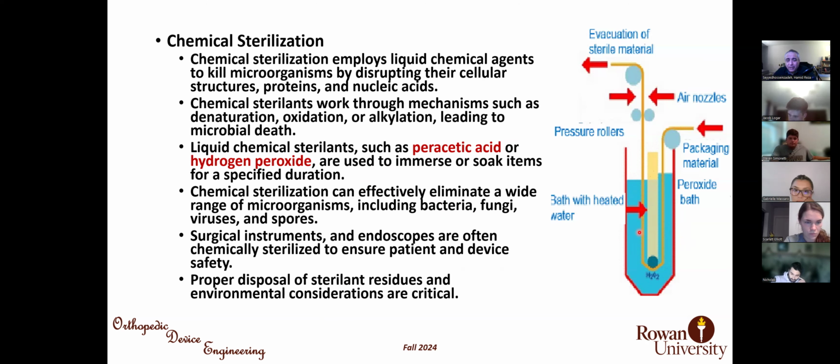They pour the chemical, usually hydrogen peroxide, inside it, and they put the item in the hydrogen peroxide and immerse it and cover it for 15 minutes. And after 15 minutes, it is sterile, but it is not fully sterile. It is sterile enough to be able to use it in a surgical field for a short time, so you can perform the surgery.